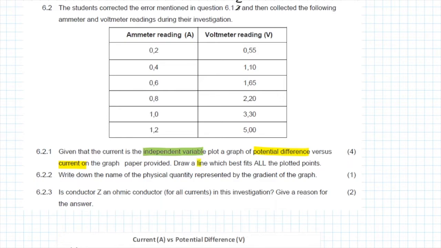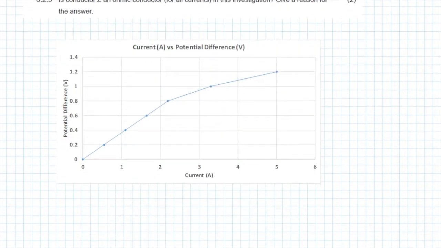Draw a line which best fits all the plotted points. Now, unfortunately, the memo for this question is not available, and based on that, I had to plot a graph using Microsoft Excel. And this graph, of course, does not make use of a line of best fit, but rather a curve of best fit, which is actually better for the set of data.